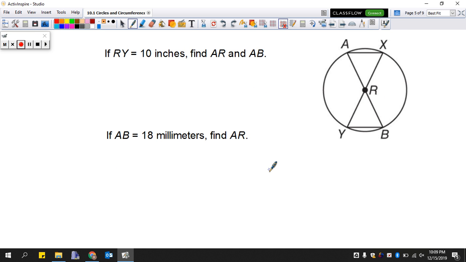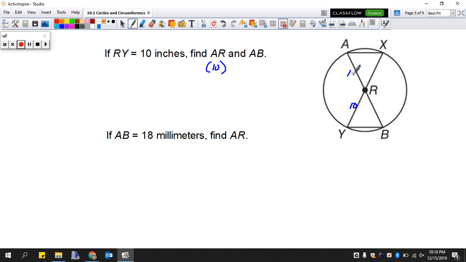Now it says if RY is 10 inches, find AR and AB. Well, AR, remember all of the radii are congruent to each other. So AR is going to be 10.